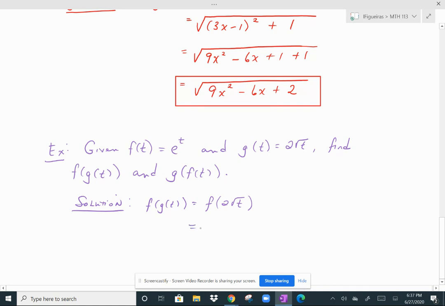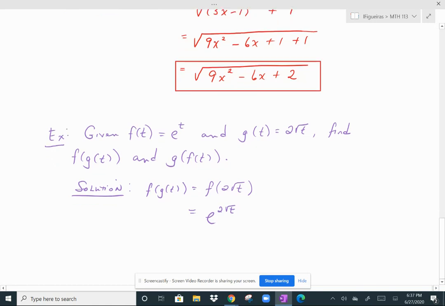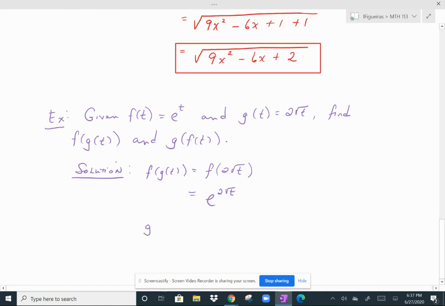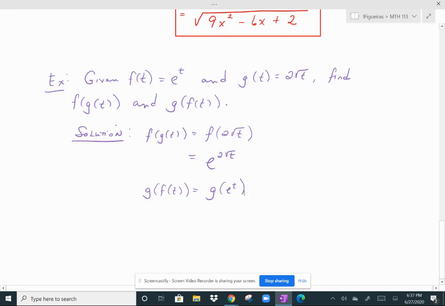So f of 2 root t is e to the 2 root t. And you really can't simplify anything else, so you're done with that one. Now we have to evaluate g of f of t. That means that f of t is the input into g. So this will be g of e to the t. That means e to the t will replace the variable in g. So you get 2 square root of e to the t power.